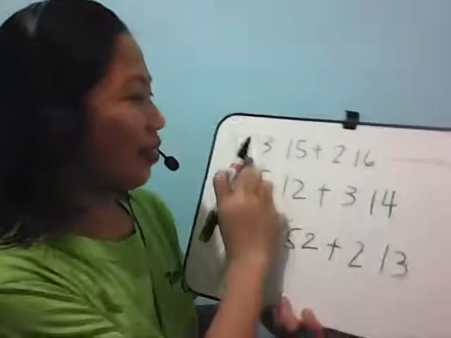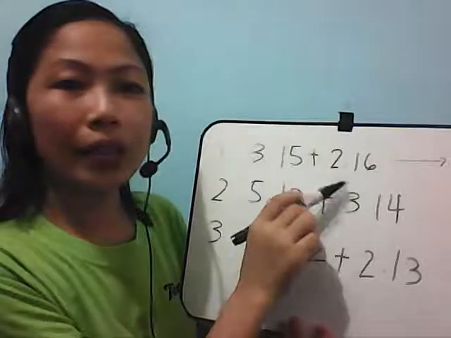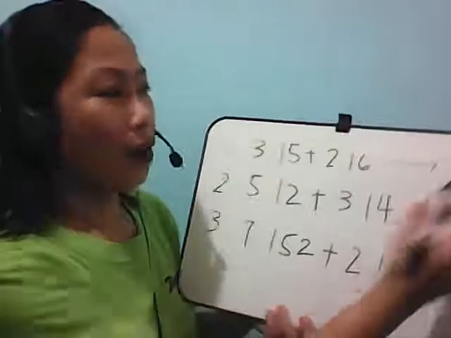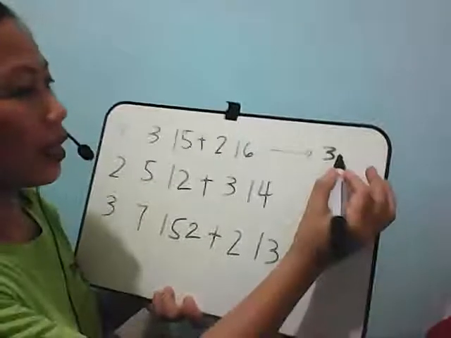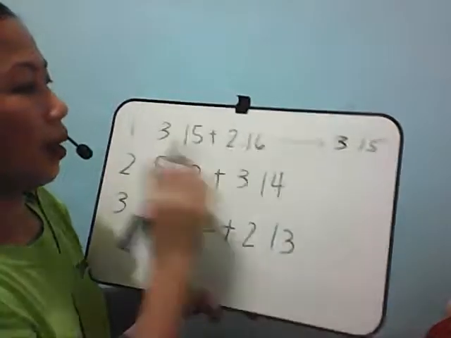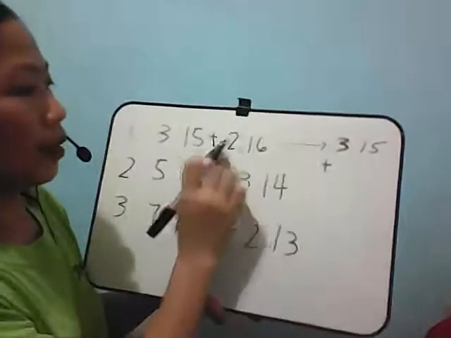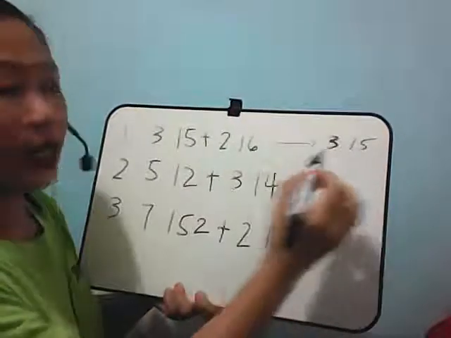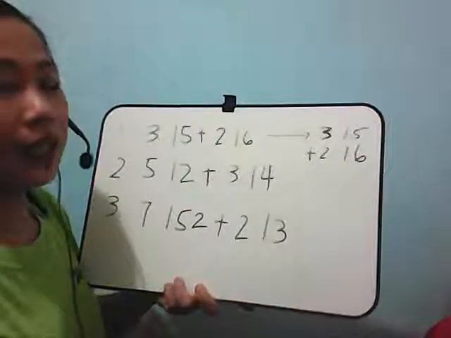All right. So 3 and 15 hundredths plus 2 and 16 hundredths.